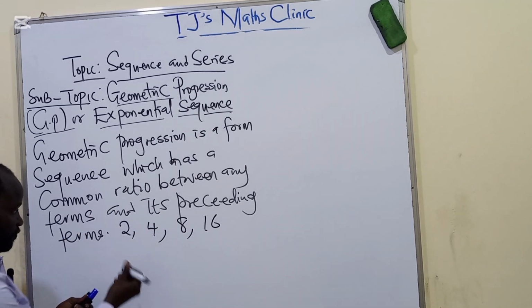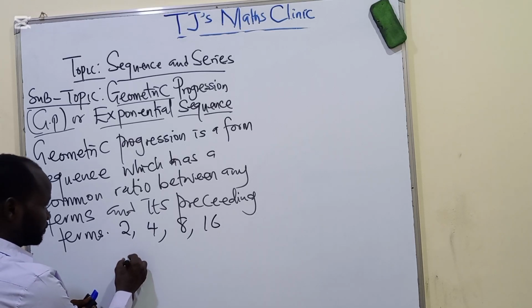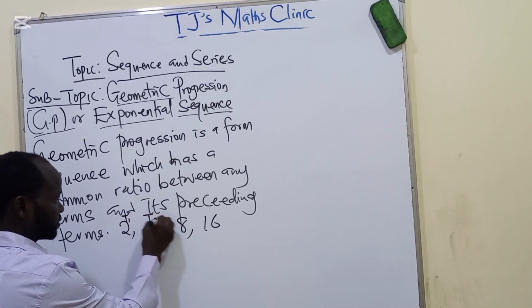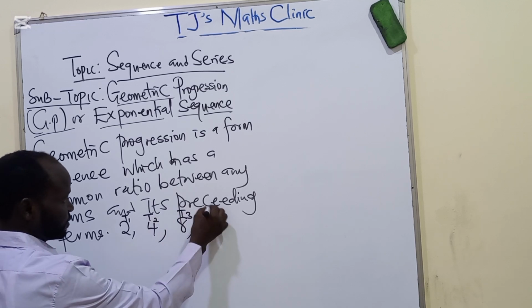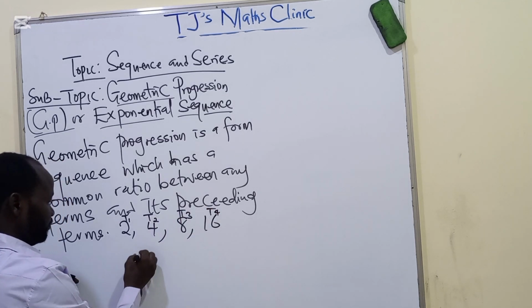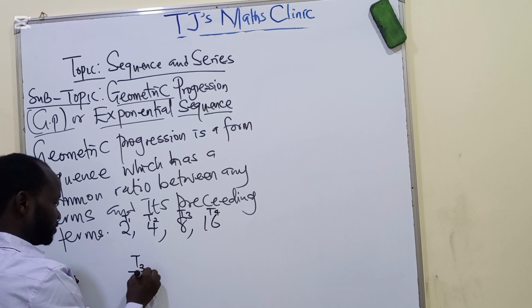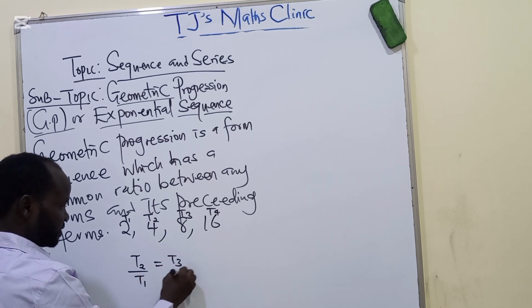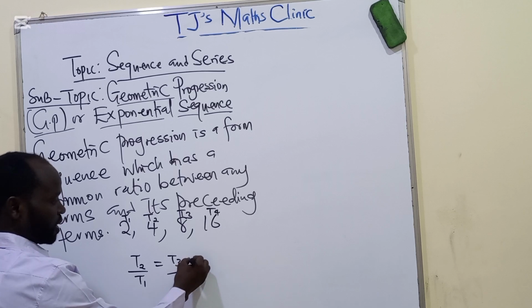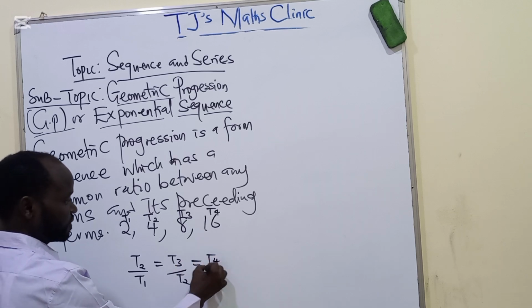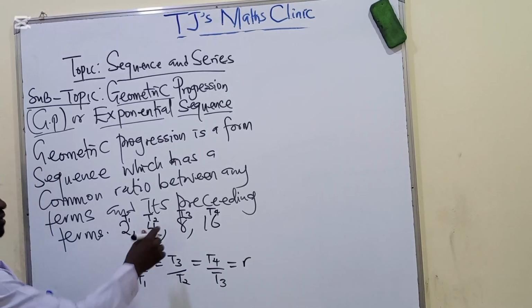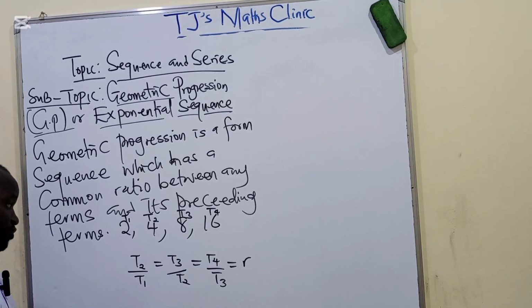It means if this is the first term, this is the second term, this is the third term, this is the fourth term, and T2 divided by T1 is equal to T3 divided by T2 and is the same as T4 divided by T3, then this is geometric progression.